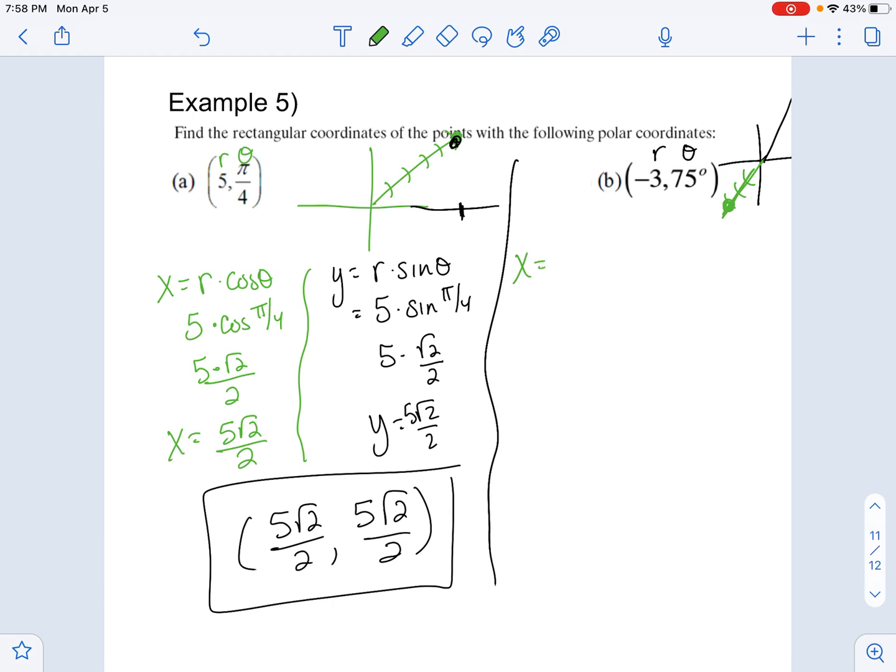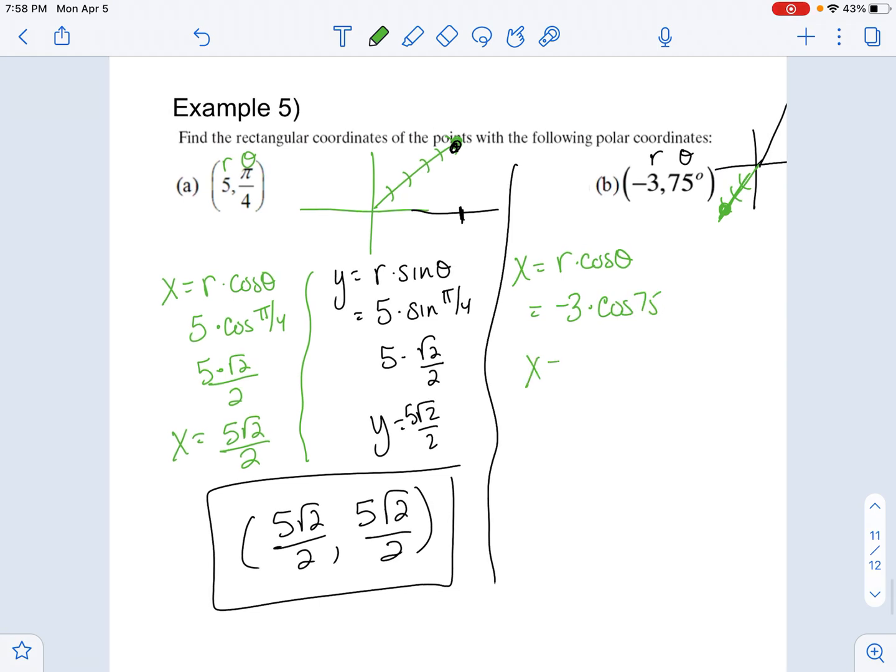So again, if we find the x value by doing r times cosine of theta, that's -3 times cosine of 75. I'm just going to go ahead and throw that into my calculator. Make sure you're in degree mode, and that's approximately equal to negative 0.78. If I want to do the same thing and find the y value, I have to do r sine of theta.